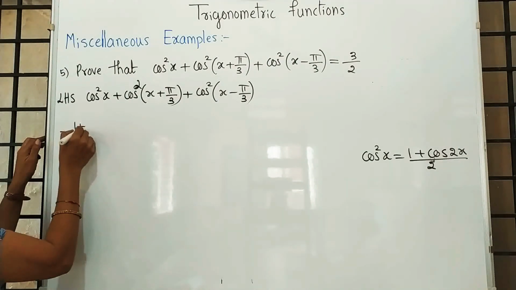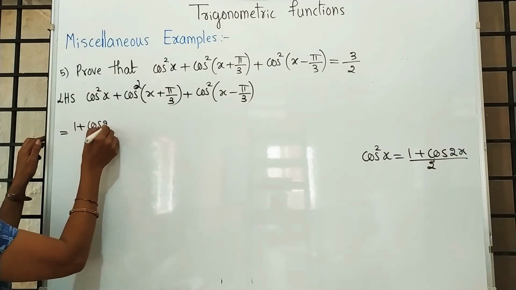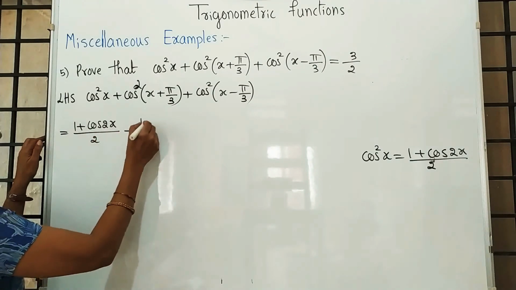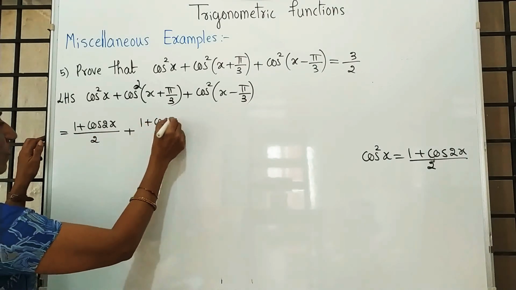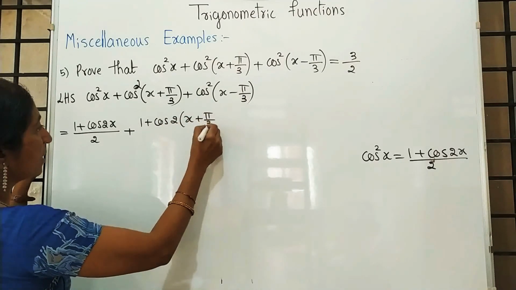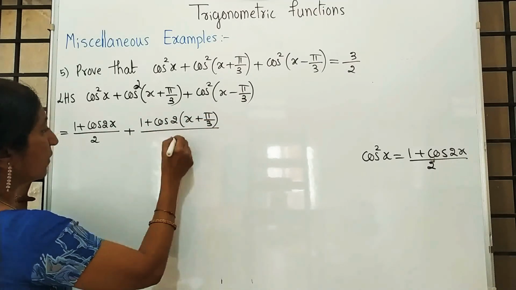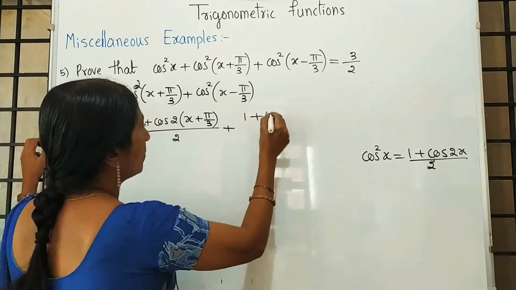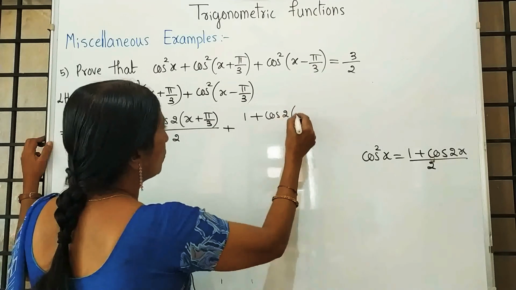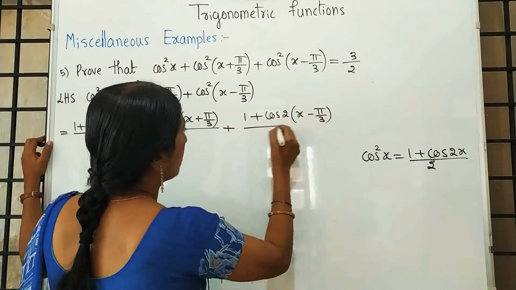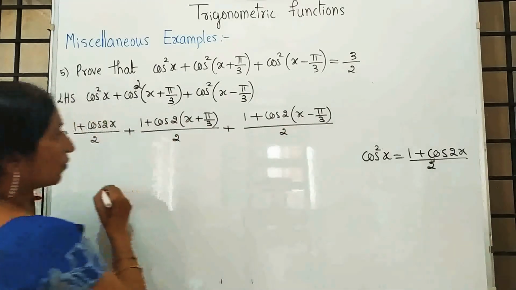So it is 1 plus cos 2x divided by 2, plus 1 plus cos 2 into x plus pi by 3 whole divided by 2, plus 1 plus cos 2 into x minus pi by 3 whole divided by 2.